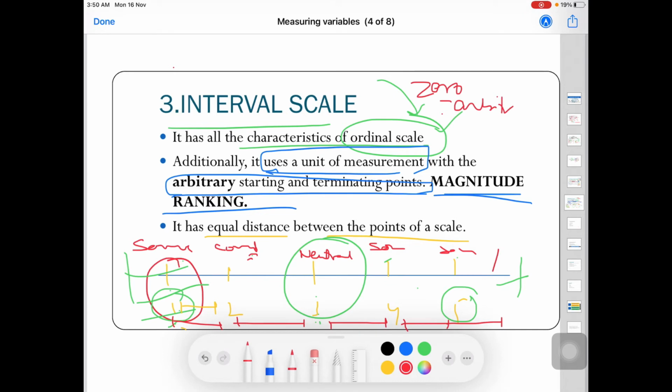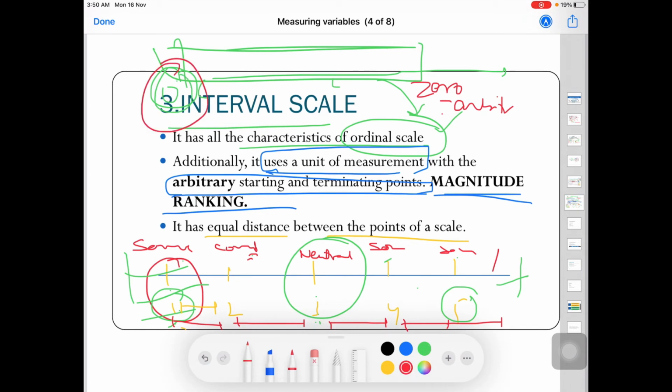For example, you have a thermometer in your home and it has 0 degree C somewhere, maybe it is the starting point of the scale. It has 0 degree C, then it will continue up to higher values. This 0 degree has a value, because if I say 0 degree, that means it is cold. It signifies some value, it has a magnitude.